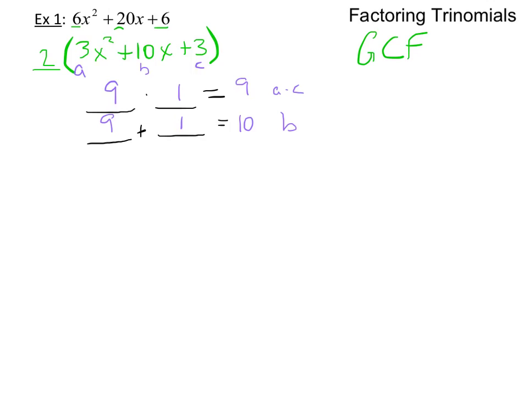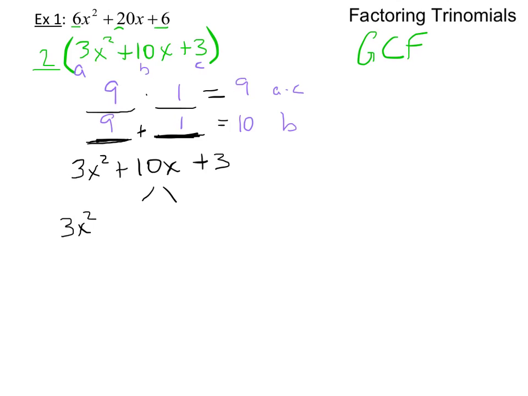It's time for the next step. We're going to rewrite the trinomial, and then we're going to break up the middle term. So the middle term is going to change from this 10, and we use these 2 numbers that we found right here to rewrite the middle term. The first does not change.